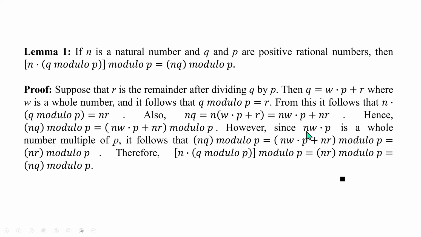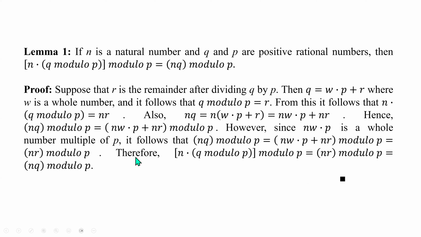However, since n times w times p is a whole number multiple of p, it's not going to contribute anything to the remainder that we get when we reduce this modulo p, when you divide this thing by p. So it follows that n times q modulo p, which is equal to n times w times p plus nr modulo p, can just be reduced to n times r modulo p.